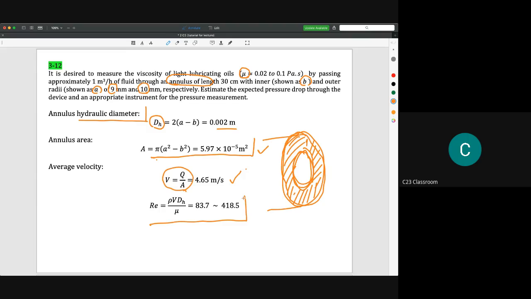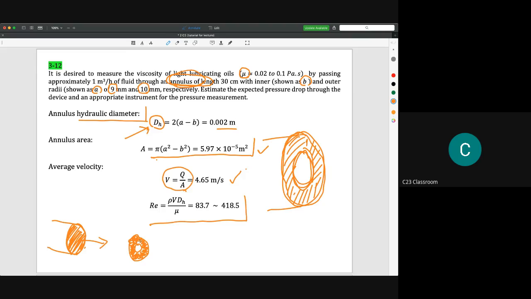Okay, so here, why in the first place we need to calculate the hydraulic diameter? Because normally if you have flow in a pipe, the water will completely fulfill the area of this pipe. But in an annulus, only the ring area is flowing, water will flow only at this ring area.